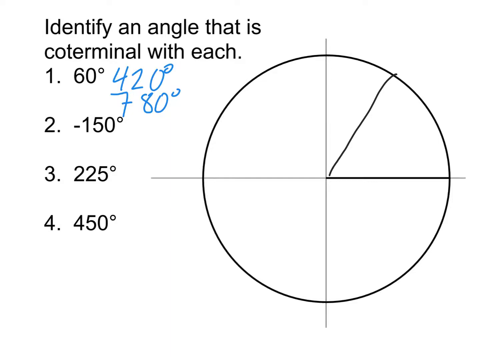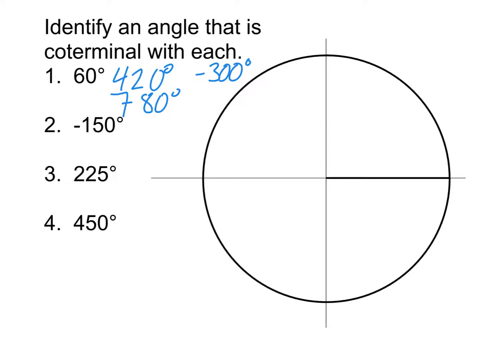So for instance, if I started at 60 and I went around clockwise, that's like subtracting 360. What is 60 minus 360? That'd be negative 300 degrees. You knew what I was thinking. And so those are all different ways of getting a coterminal angle.